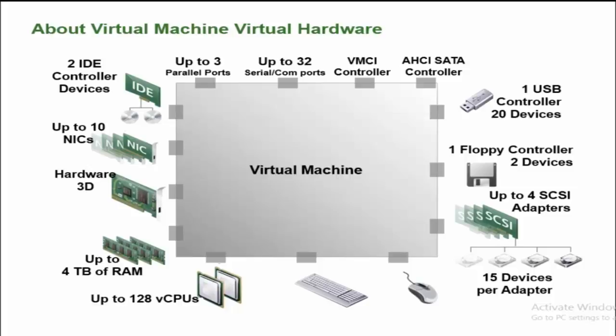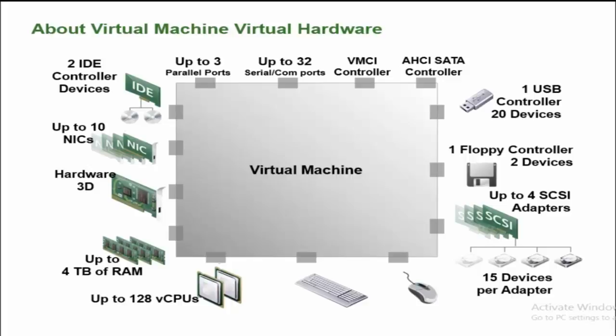Now see here, we are talking about the virtual machine's hardware. As you can see, you can have up to 128 vCPUs. This is the maximum limit. And you can have up to 4 TB of RAM.